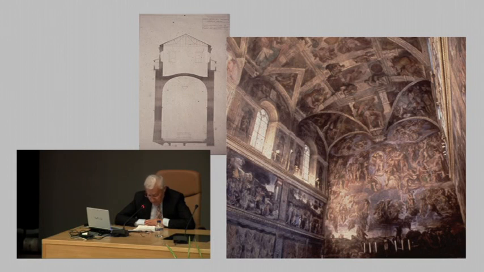Other problems include water stains and salt efflorescences caused by the infiltration of rainwater from the leaking roof of the chapel, blackening from smoke produced by the large number of candles that were used to illuminate the chapel, and the deterioration of the animal glues, vegetable resins, and the retouching applied by restorers in the past.